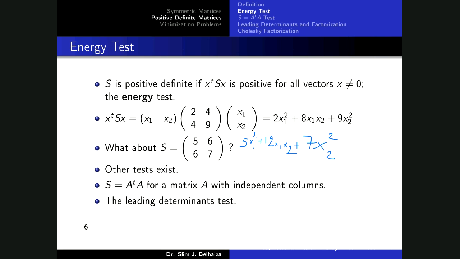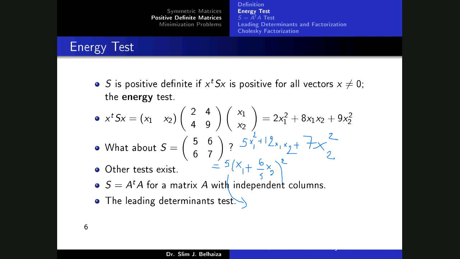So one can write it down as 5 times x1 plus 6 over 5 x2. Okay. So if you square this part already, you get what?